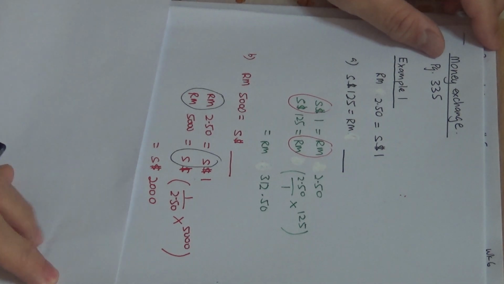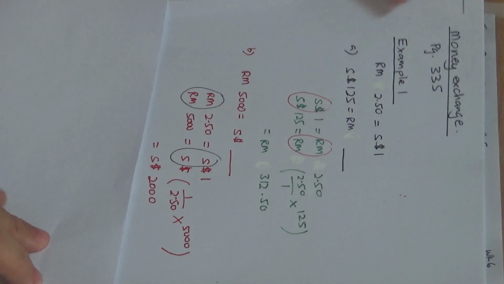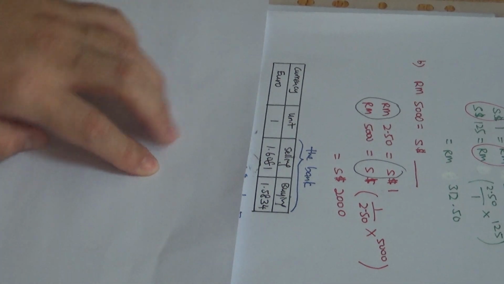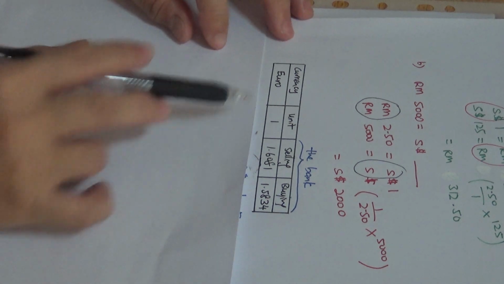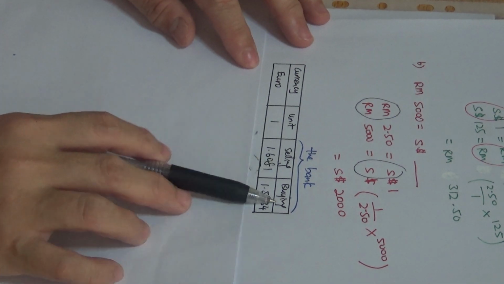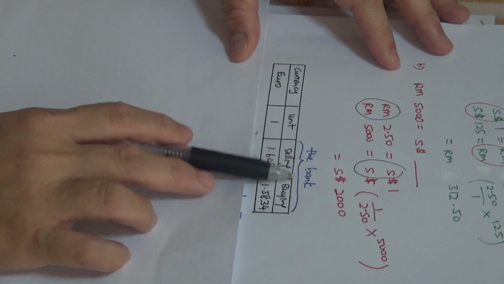Now we look at page 336, the table that is given in the middle. The table says euro 1 selling and buying. What does this selling and buying refer to? This selling and buying refers to the bank.